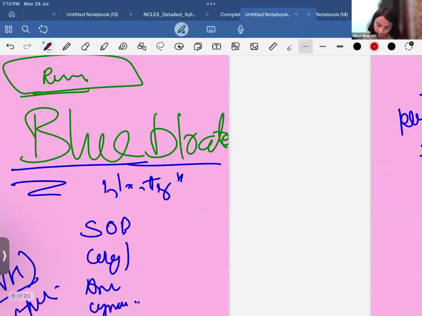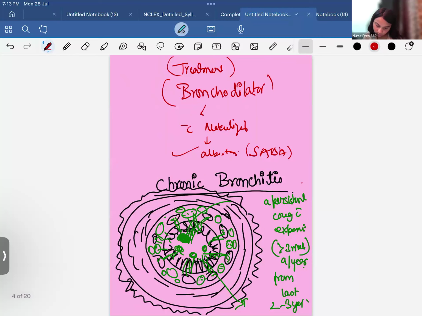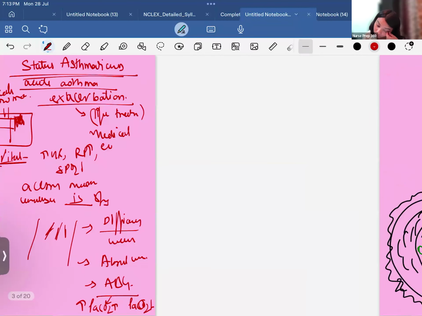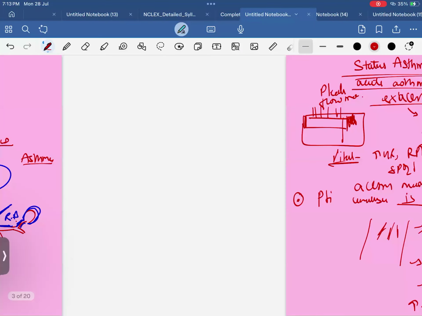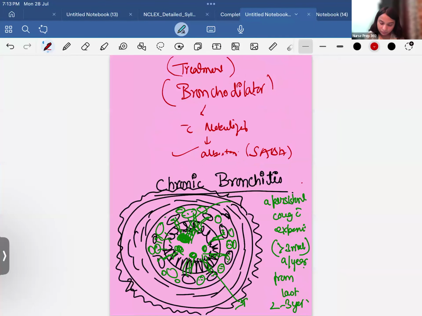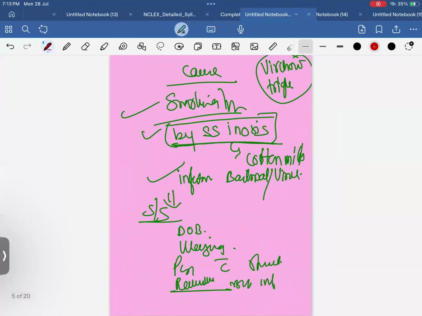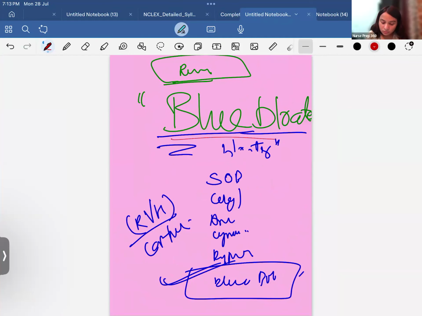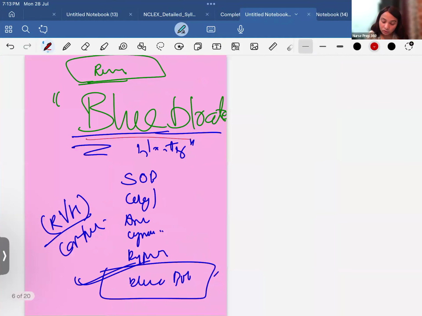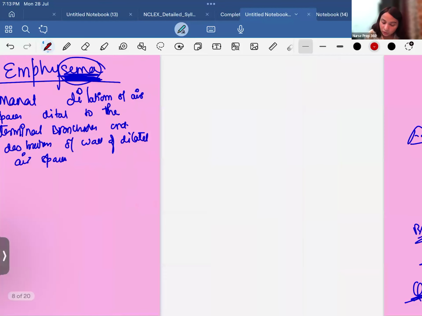I taught you all this. Chronic bronchitis, do you remember? I told you they are called blue bloaters. Emphysema, I have taught you all this. There is bulla formation.